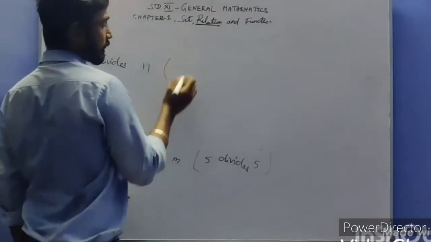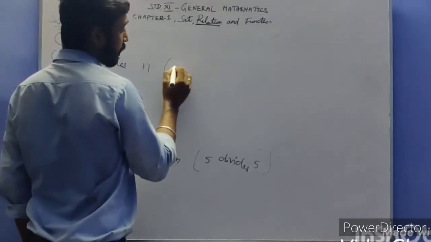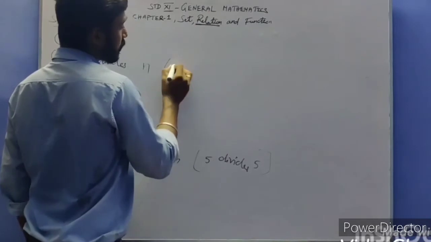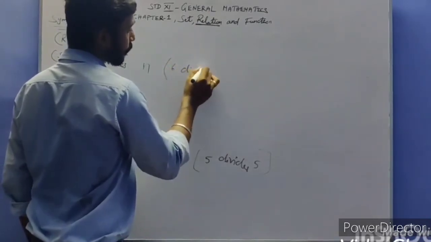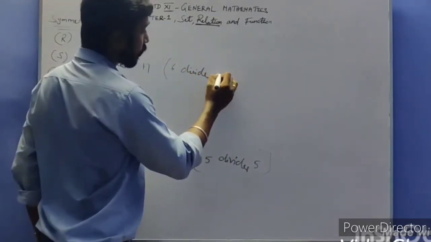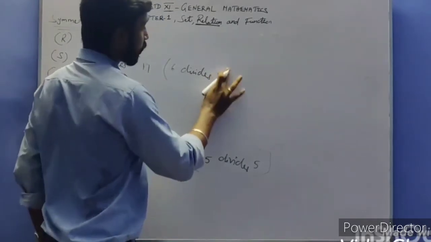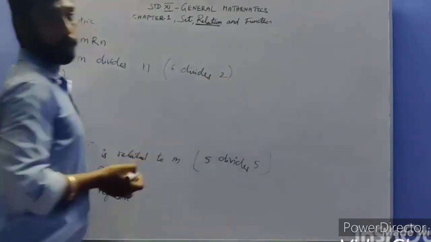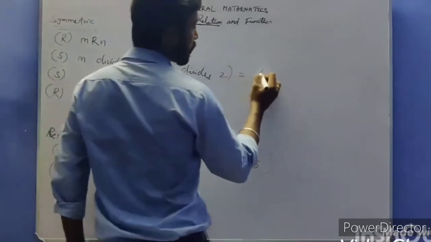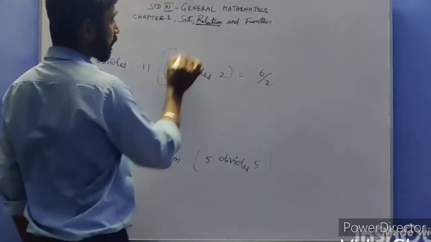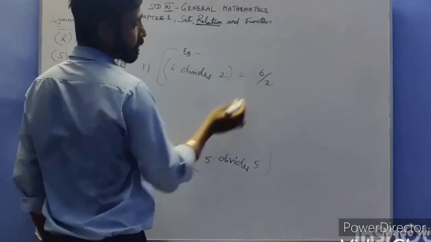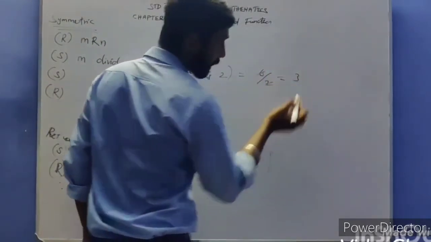That is, m divides n, like 6 divided by 2. The answer will be 3.